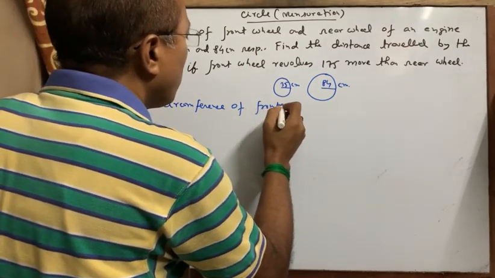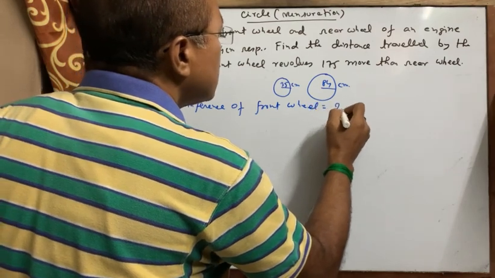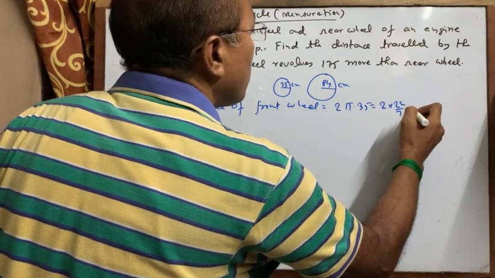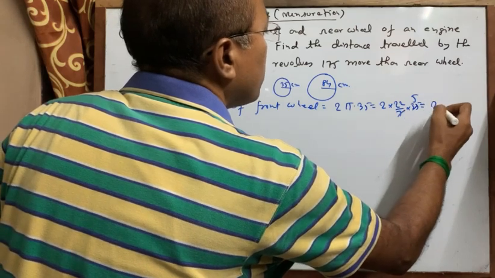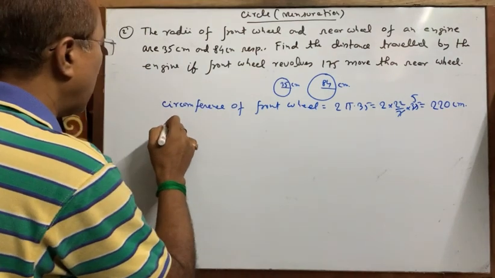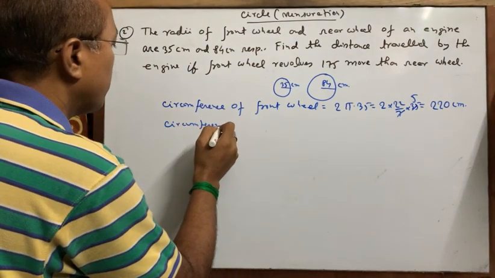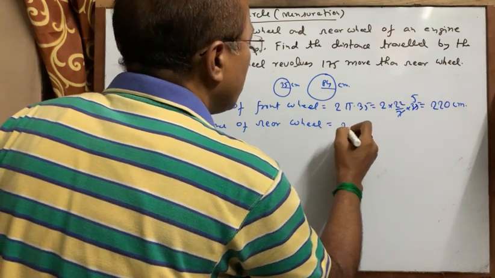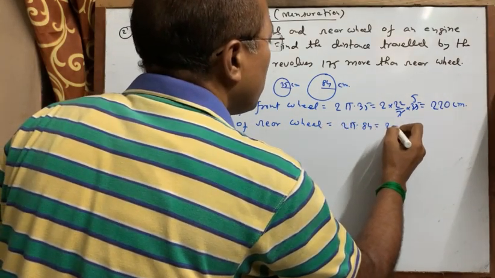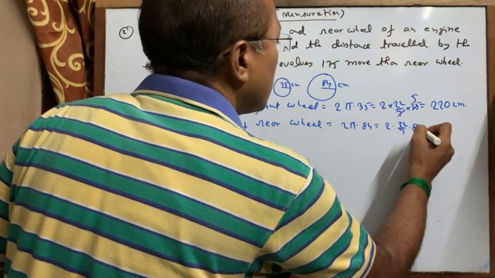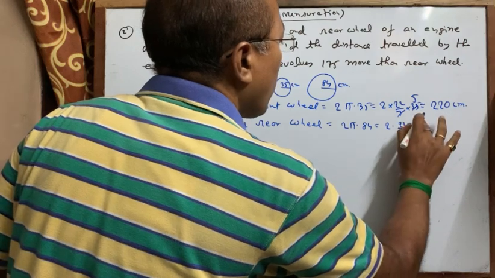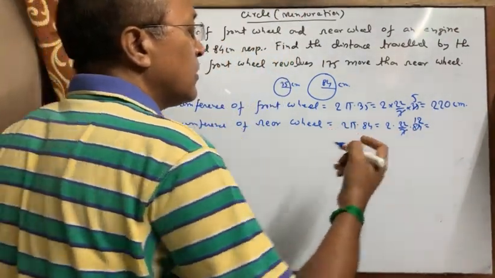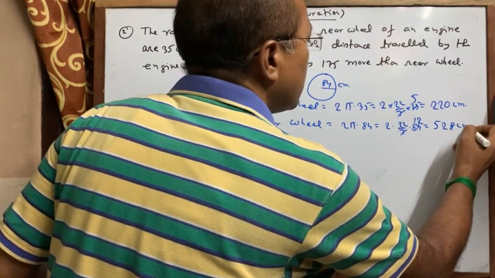Circumference of the front wheel is 2 pi into 35, that is 220 centimeter, and circumference of the rear wheel means 2 pi into 84, 2 into 22 by 7 into 84, means 528 centimeter.